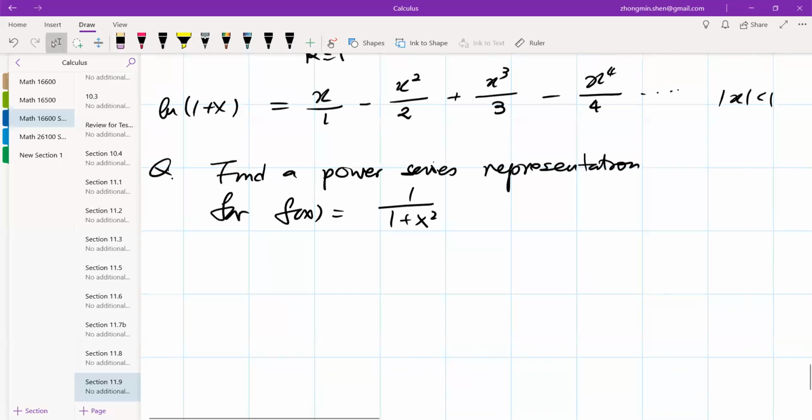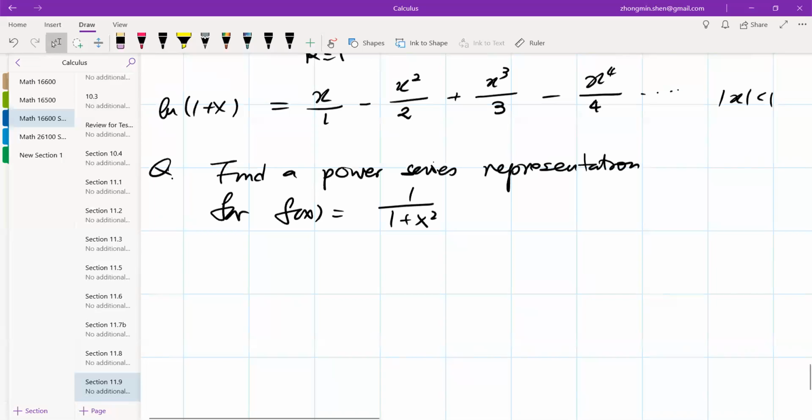Otherwise, it's not unique. That's my understanding. So power series representation is not clearly defined. You usually have to mention at which point, nearby which point, okay?